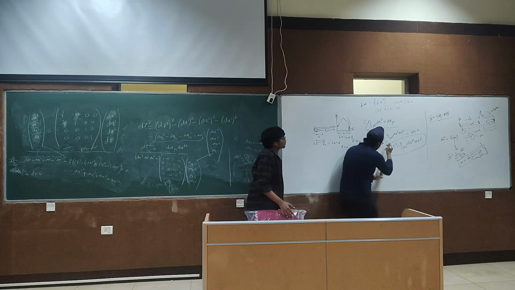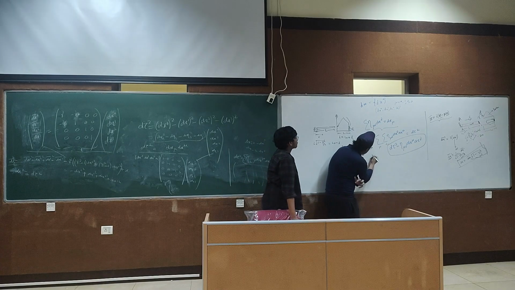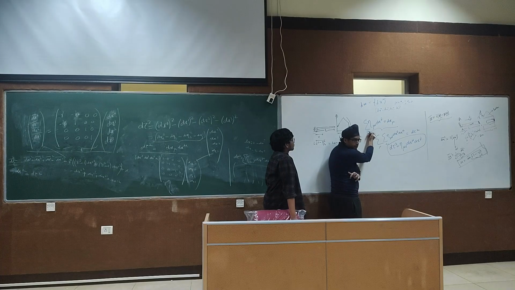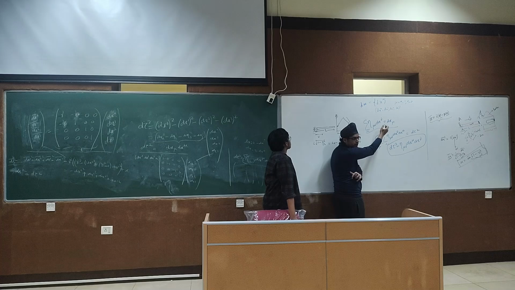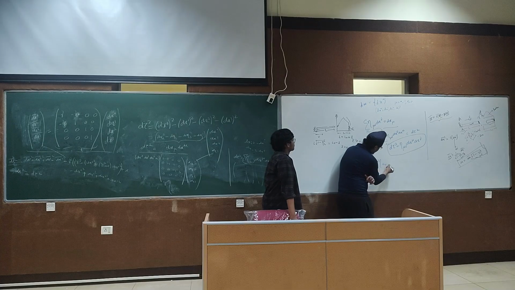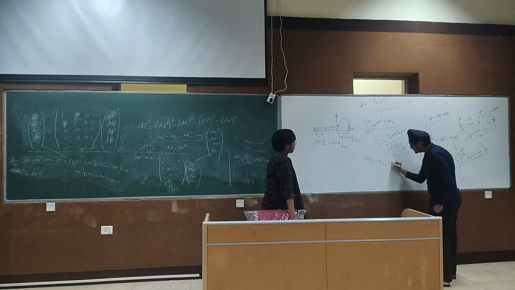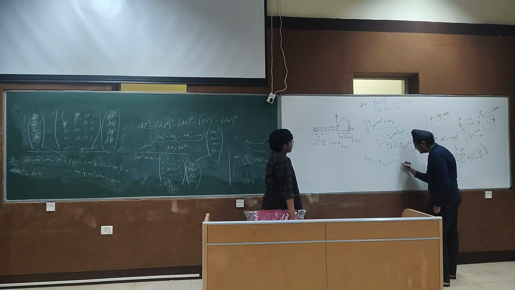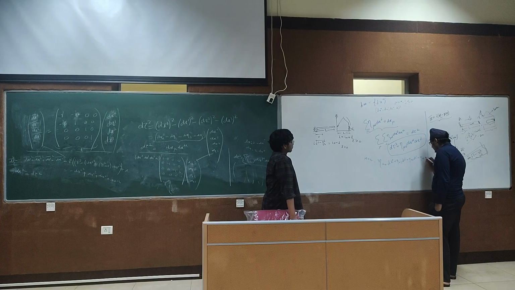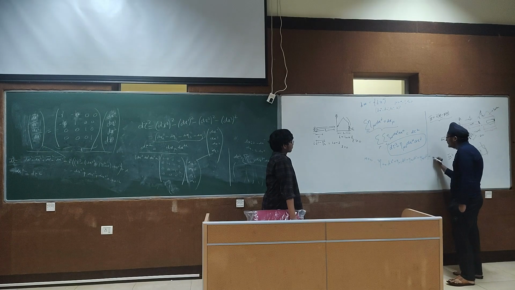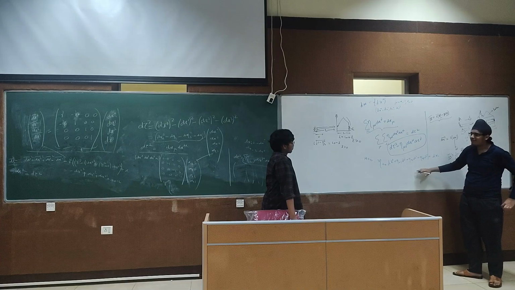So, this thing is a sum where mu runs over 0, 1, 2, 3, and this is true for mu equal to 0, mu equal to 1, mu equal to 2, mu equal to 3. So for mu equal to 0, this equation says eta 0,0 dx0 plus eta 0,1 dx1 plus eta 0,2 dx2 plus eta 0,3 dx3 equal to dx0, okay?